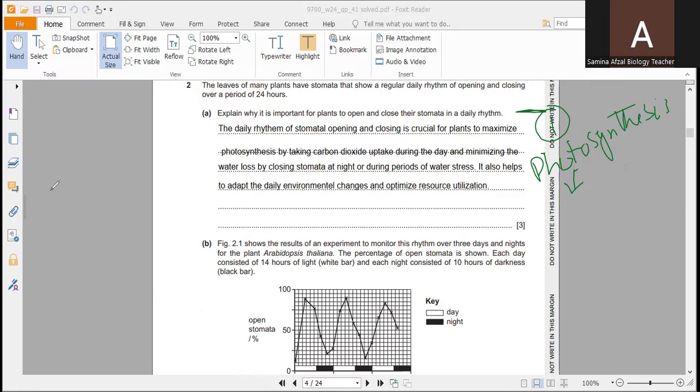Besides the food, oxygen is produced, and carbon dioxide and water are the raw materials for this. During photosynthesis, the stomata need to be open during the day to allow carbon dioxide to enter the leaf.